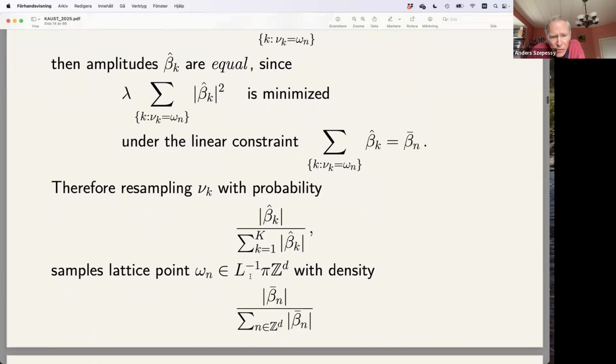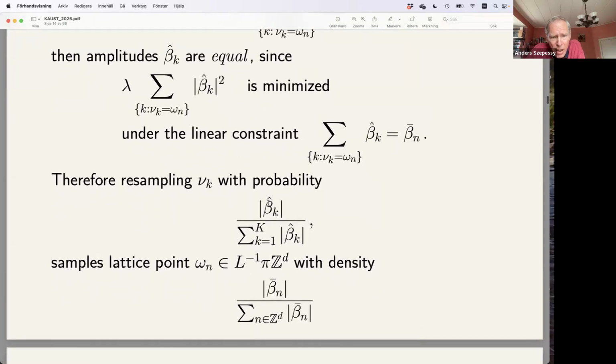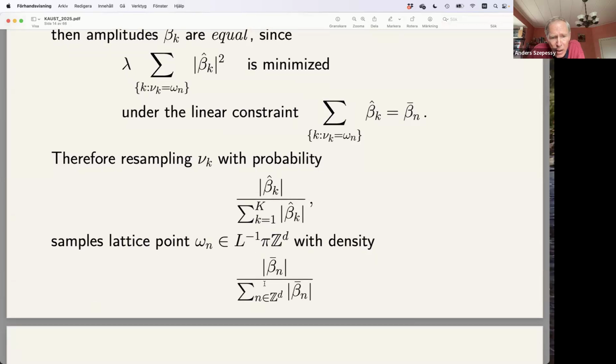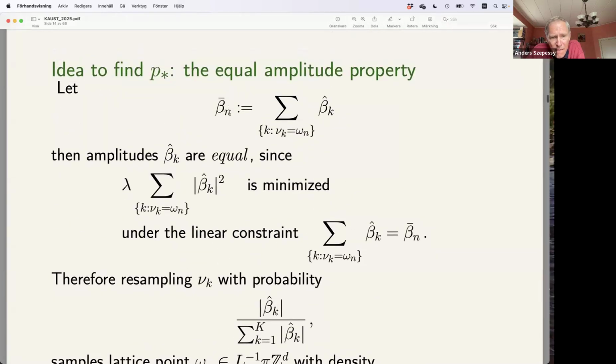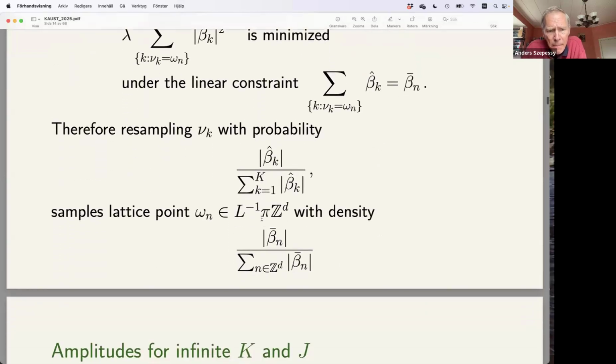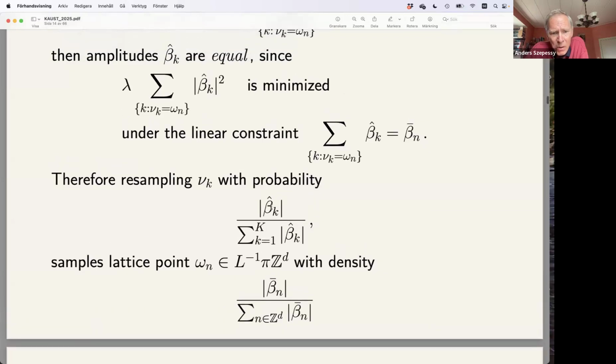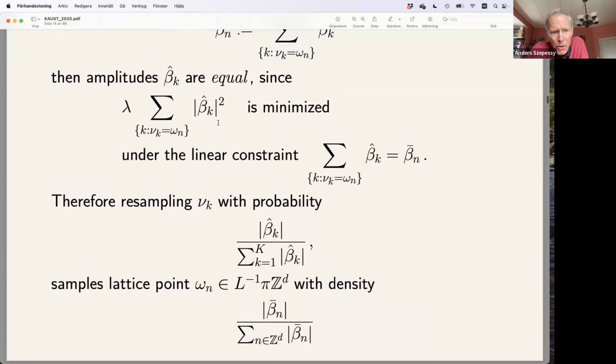And therefore, if we sample with a density proportional to the amplitudes like this, it will be the same as sampling with the density related to the basis functions. And that is a bit fantastic in a way, because we are taking the absolute value of the amplitude, and it's not easy to prove strong convergence and such properties of the amplitudes.